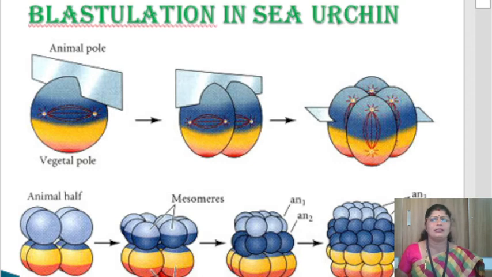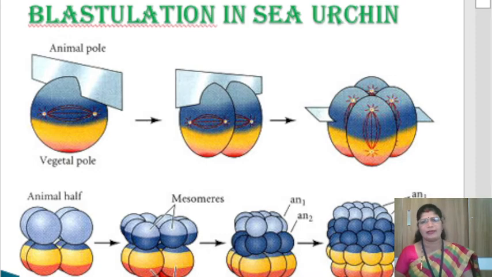We can see here the blue color is the animal pole and the yellowish reddish color is the vegetal pole, and the cleavage separates the two. Now after the third cleavage you will have 8 cells. Four cells are towards the animal pole and 4 cells are towards the vegetal pole. So this is the third cleavage.